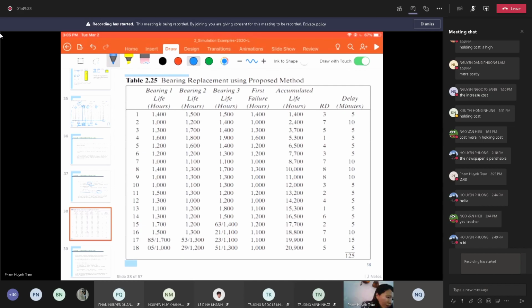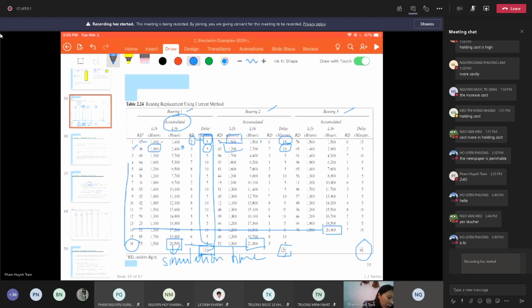For example, bearing number 1, the lifetime is 1,400 hours, bearing 2, 1,500. You look at this number, it will be the same as the one we generated here, to make the two policies very comparable. We don't need to generate new random digits for the second policy.